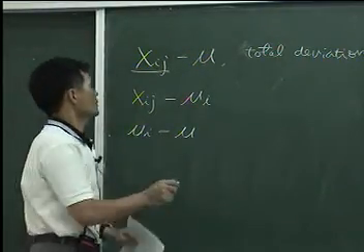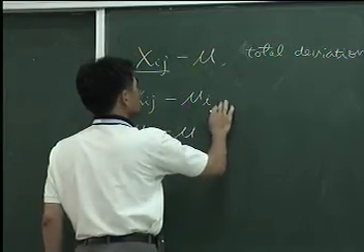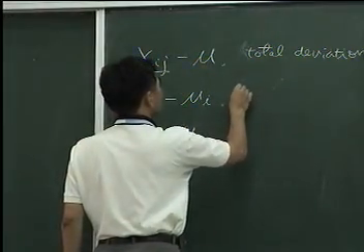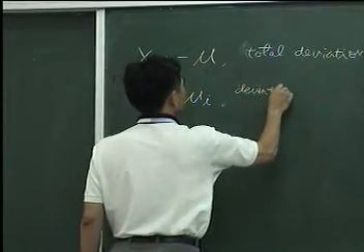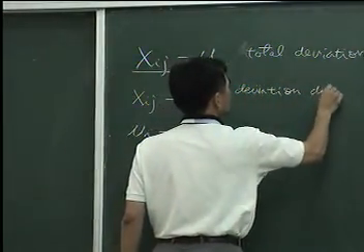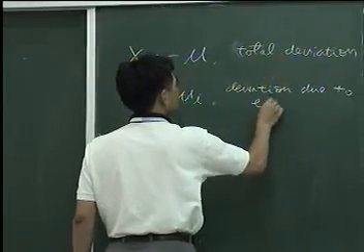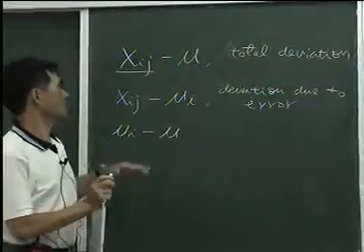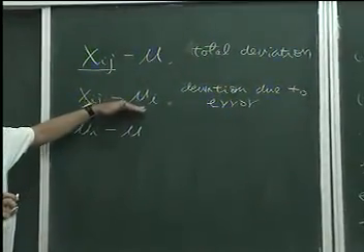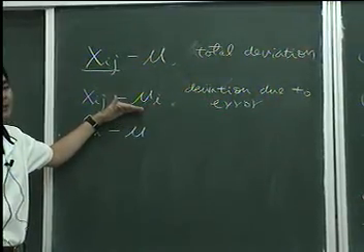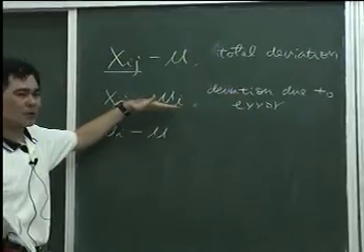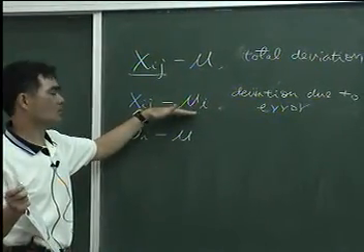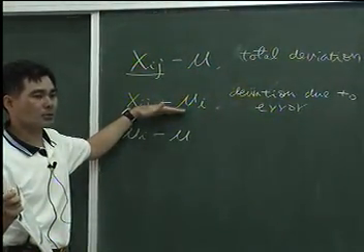So here this is called deviation due to error. Because we know this is from the same machine. If there's any difference there, we don't know why, because it is indeed from the same machine. So if it is different, it is due to probability.